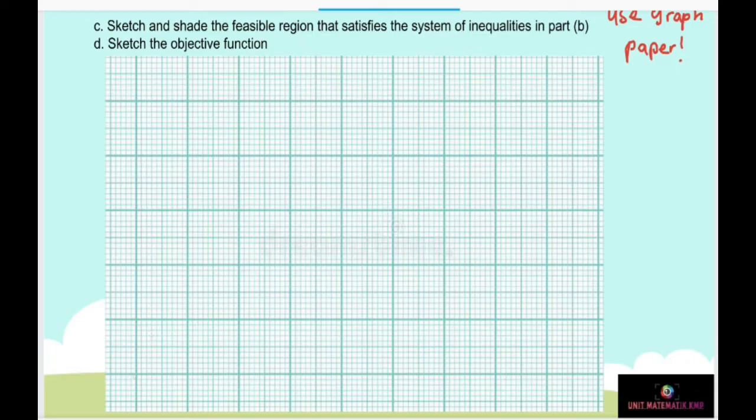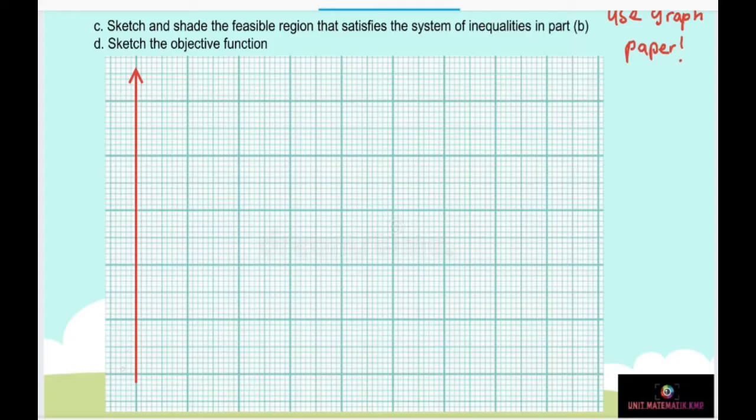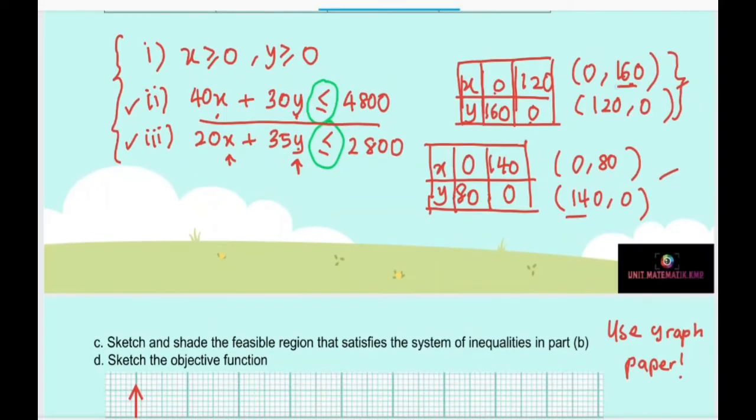So we must have the y-axis and also the x-axis. Then look at the scale that you want to use. We see the points here: (0, 160) and (120, 0), (0, 80) and (140, 0).